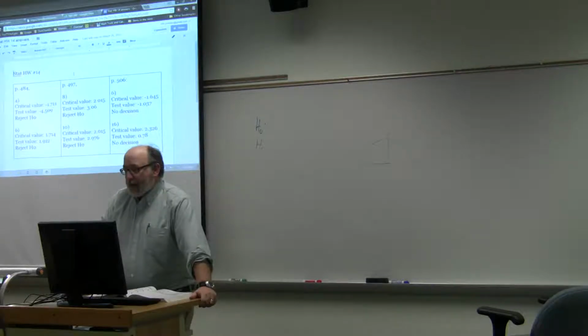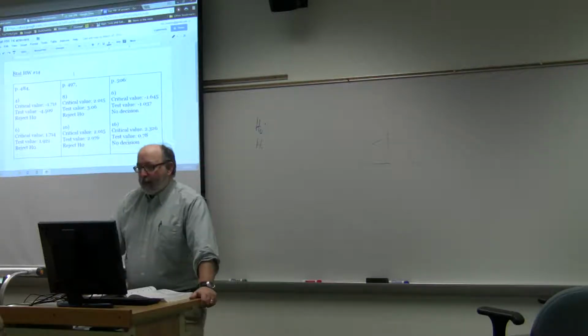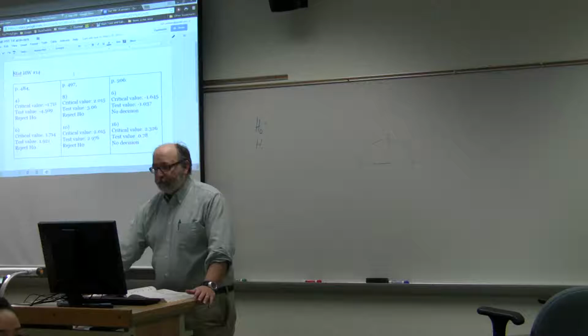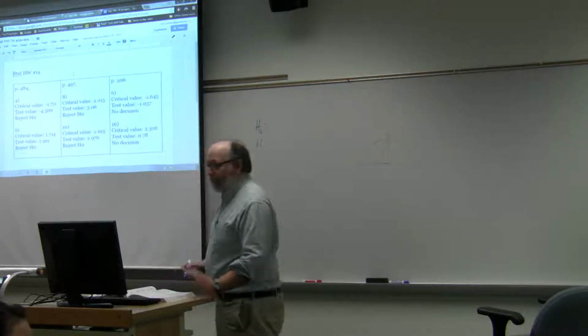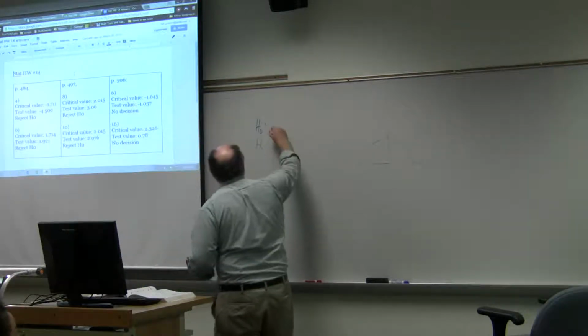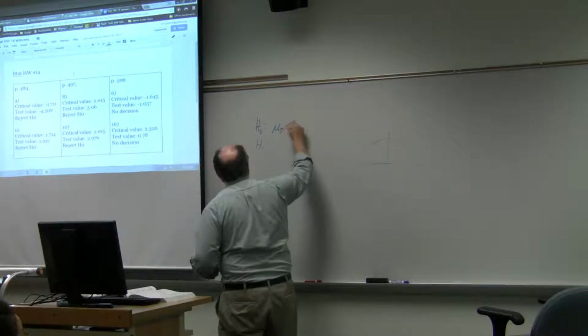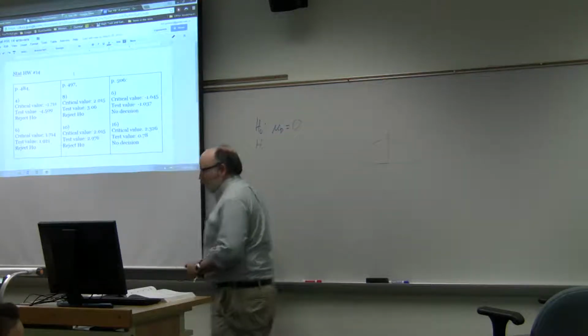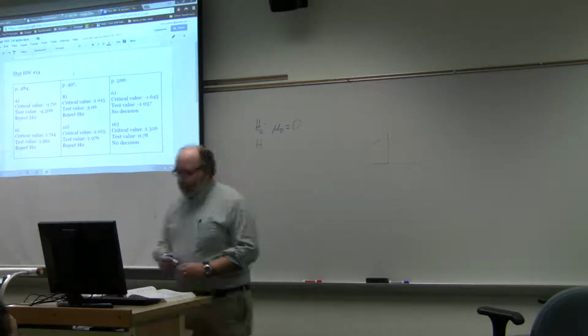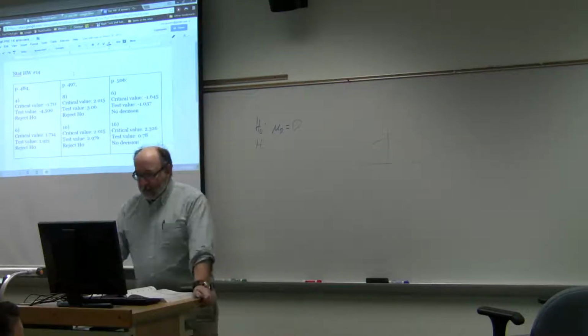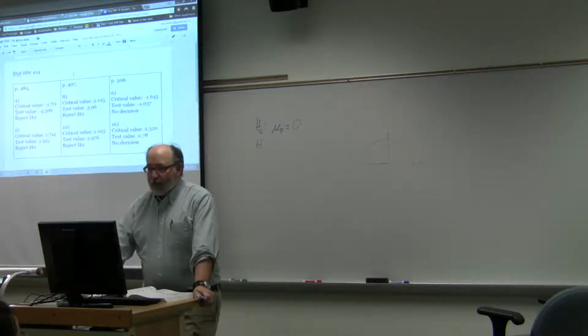So, can you tell me what the null hypothesis looks like for this? U sub D is equal to 0. So what we're looking at are the differences in the weight of these dogs.